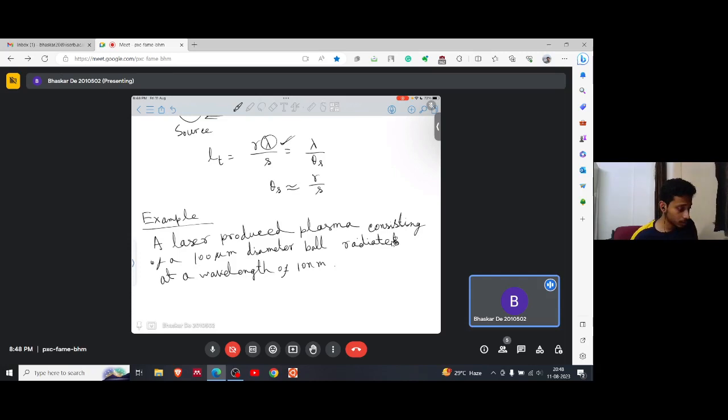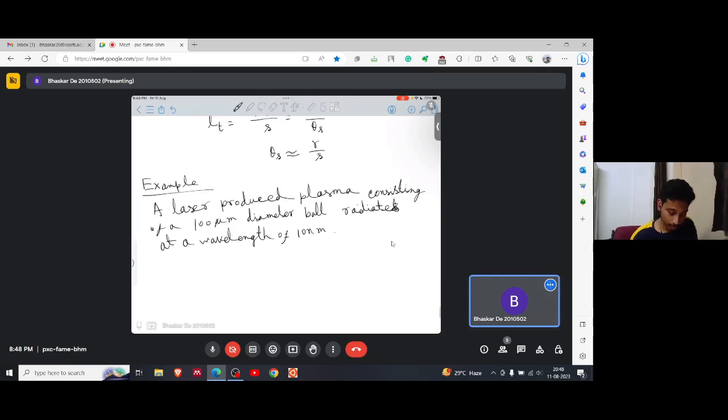So the question is, what is the spatial coherence resulting from light emitted from opposite sides of the plasma at a distance of 0.5 meter?